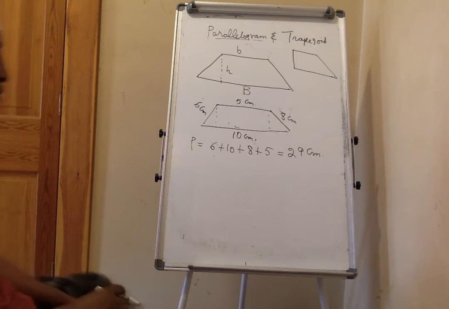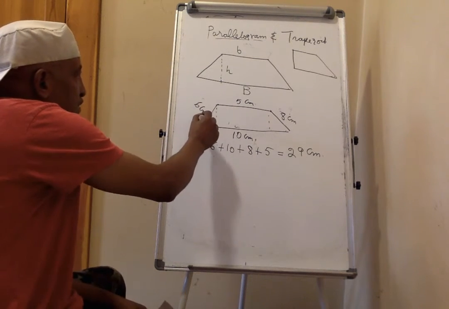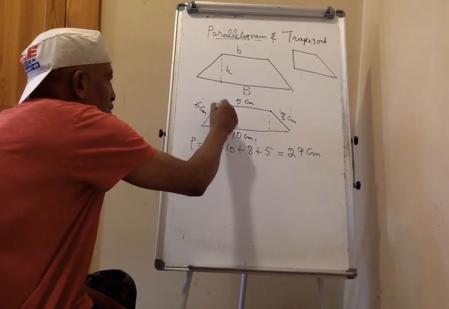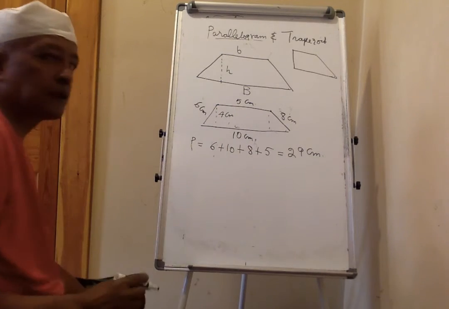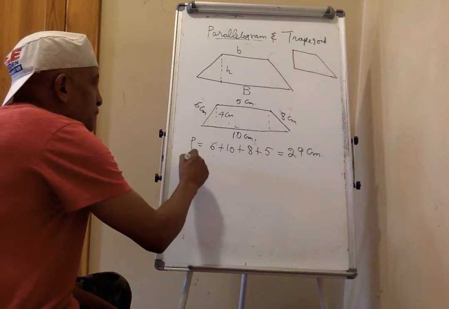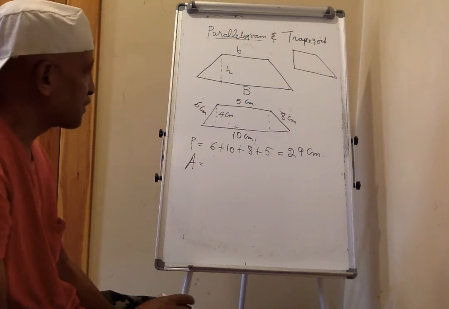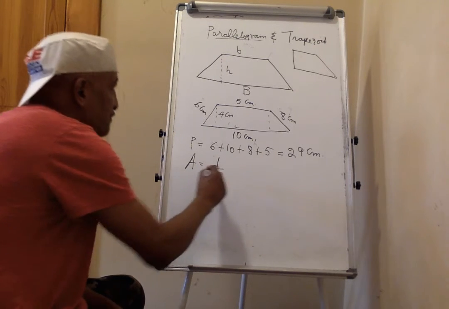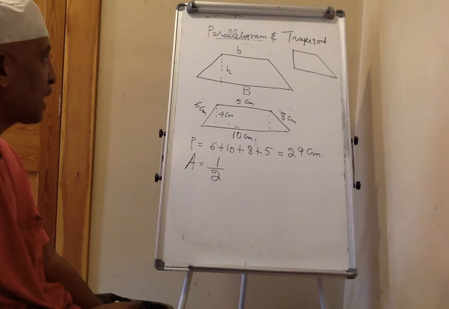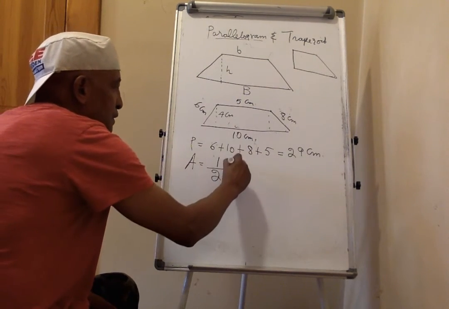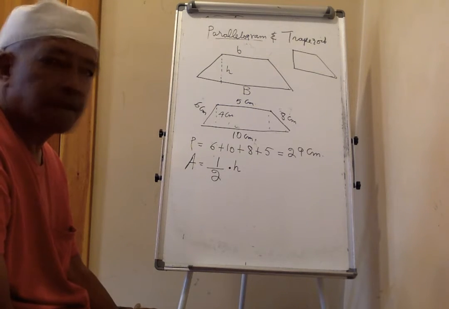The area that we are going to find is, first of all, we have to find the height. So if this is 6 centimeters, the height is much smaller than 6 centimeters, so let's call it 4 centimeters. And the area that you are going to apply will be, because of the triangle, you are going to multiply half times the height, right?